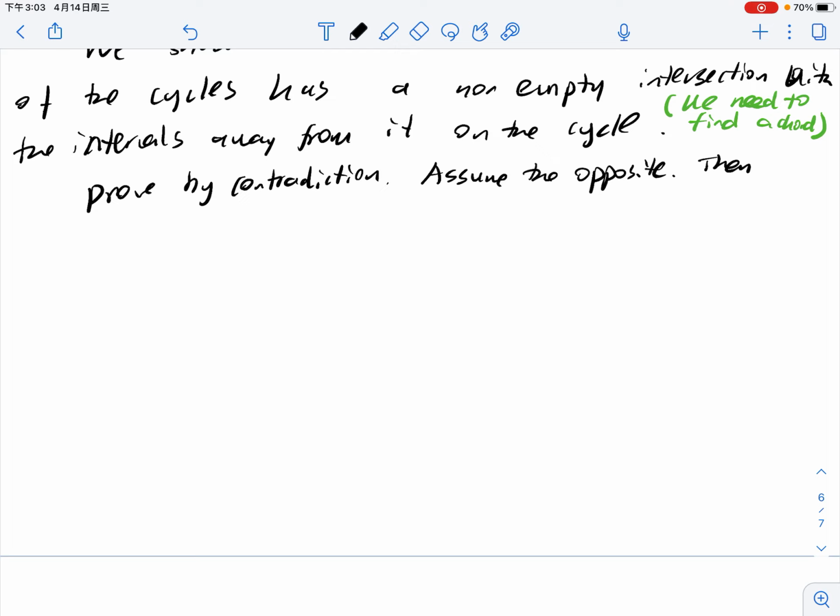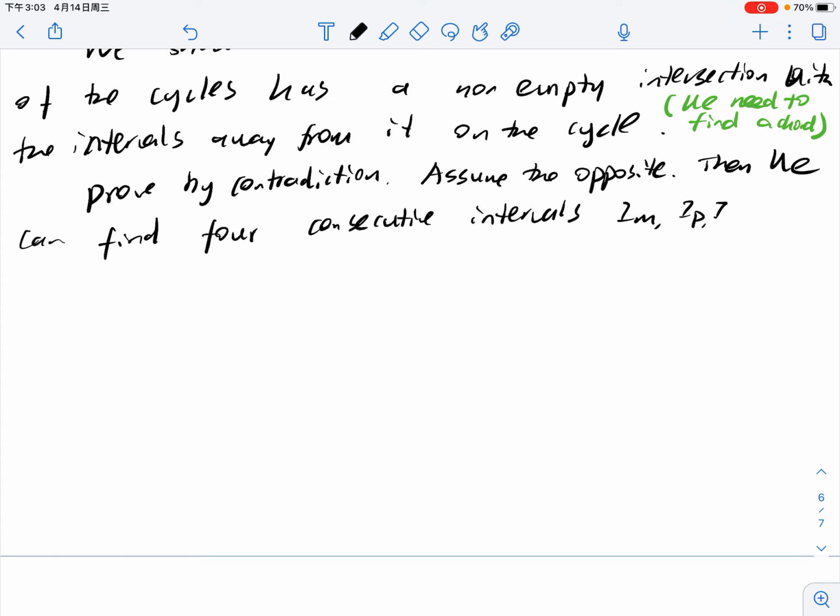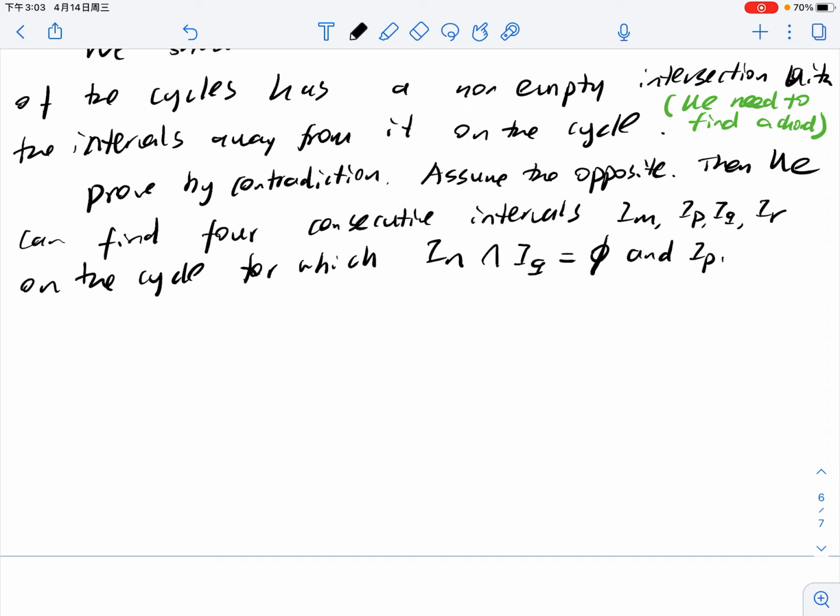then we can find four consecutive intervals IM, IP, IQ, IR on the cycle for which IM has empty intersection with IQ, and IP has empty intersection with IR.